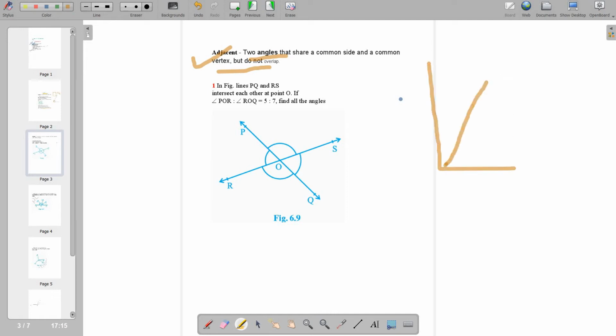These are common sides. This green part is common for the two angles, theta and x. This is called the vertex.